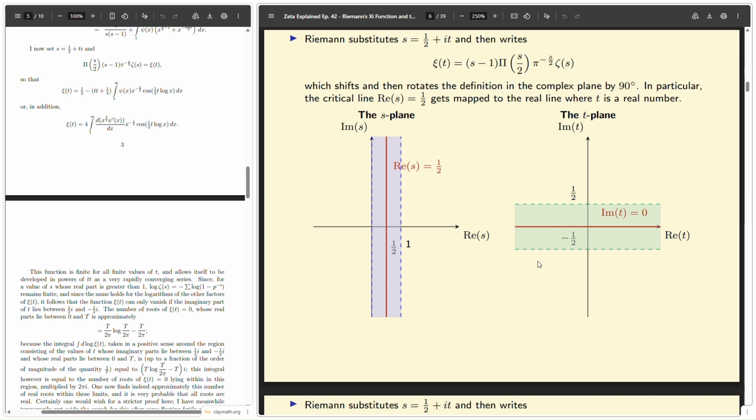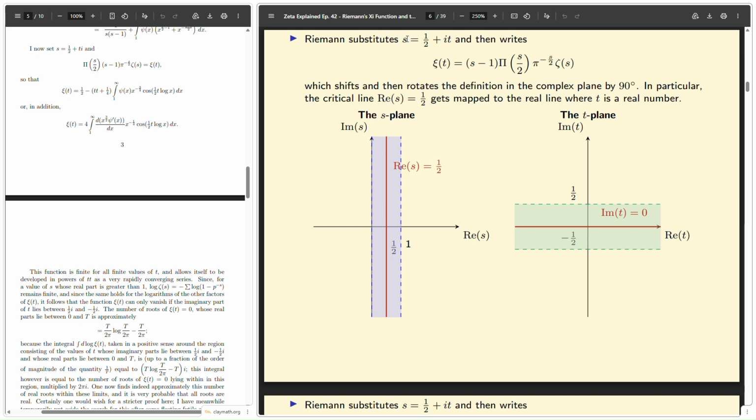And what this does is explained in this diagram. So what he did is he shifted and rotated the definition, although it's mostly a rotation, in the complex plane by 90 degrees. So if you've been following this video series, you know of something called the critical line. It's the most important part of this Riemann zeta function. And the same thing is true for the xi function as well, since xi is some number of things times the zeta function. This critical line is where the real part of s is equal to 1/2, so it's a vertical line when we usually talk about it.